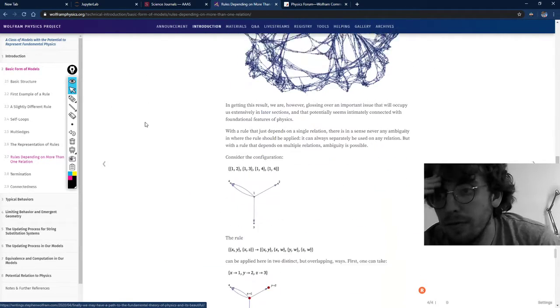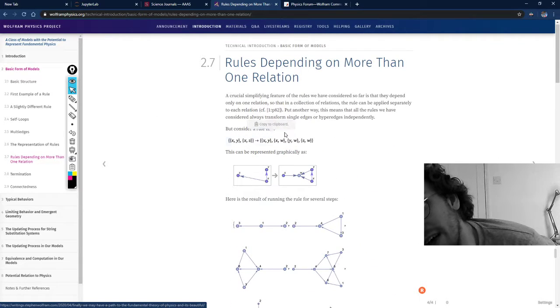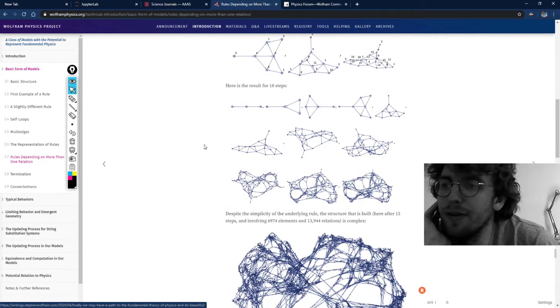Okay, let's keep going. So this whole section is about how there can be multiple different ways of interpreting these rules. And so what's the rule for the direction we interpret it in?